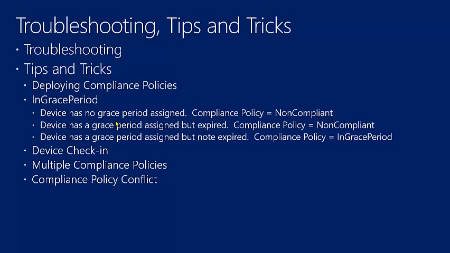If you do have a grace period assigned to the device, but that grace period is expired and the device is not compliant, then non-compliant will be returned as a status for that device. If you do have a grace period assigned and that grace period is not expired, then compliance policy will refer to being in grace period, as you saw, right?